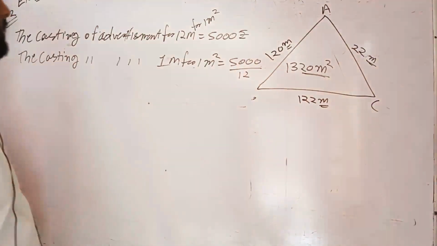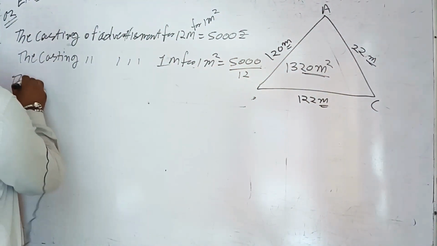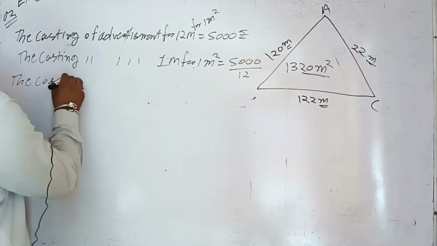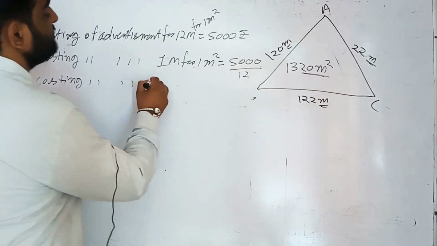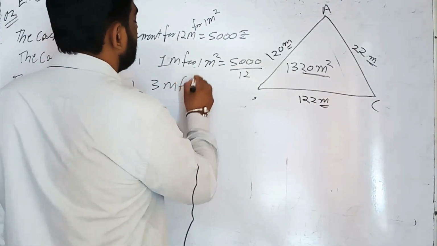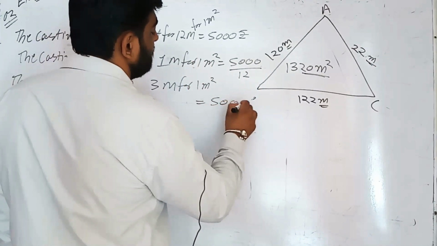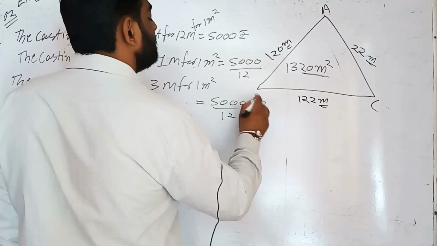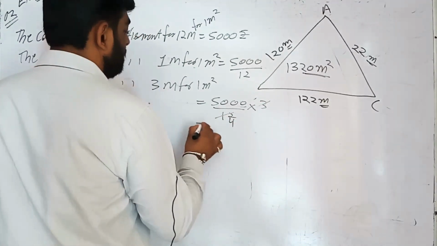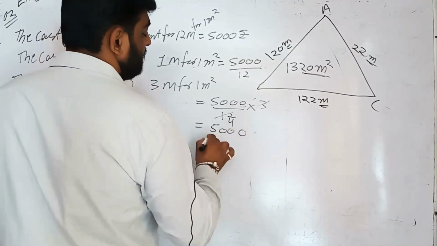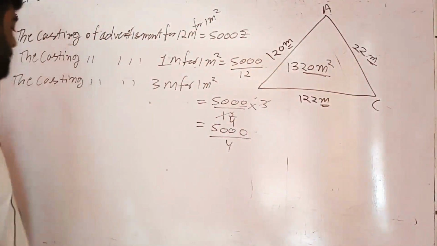Okay students, so we need to find the costing of advertisement for 3 months for 1 meter square, that is 5,000 upon 12 into 3. 3 cancels with 12, that is 5,000 upon 4.